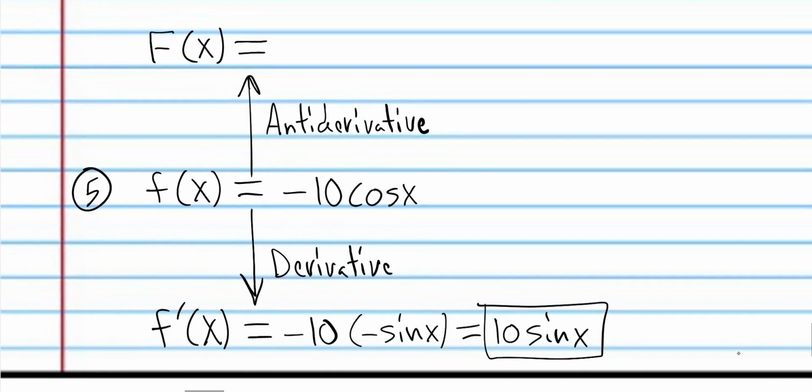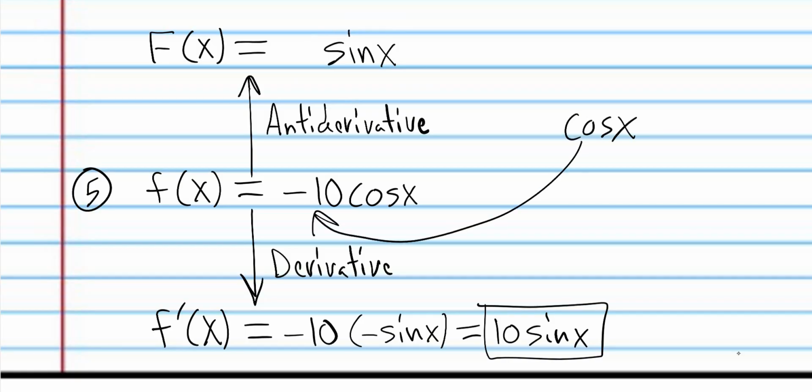But now we're going to find the antiderivative. So we know the derivative of sine. If you look at your trigonometric differentiation formulas, the derivative of sine is cosine. So we know we have to have a sine up here. If we find the derivative of that, we get cosine x, but we want a negative 10 in front of there.